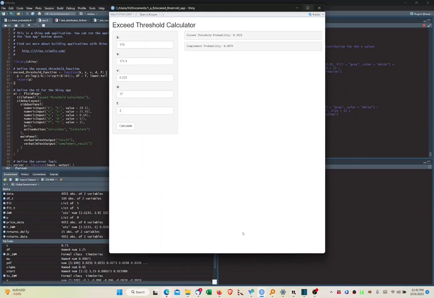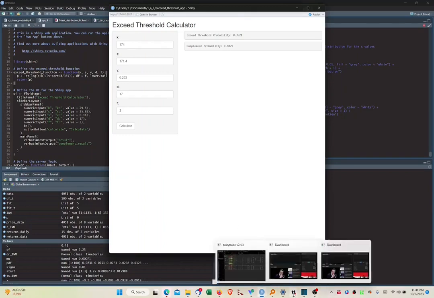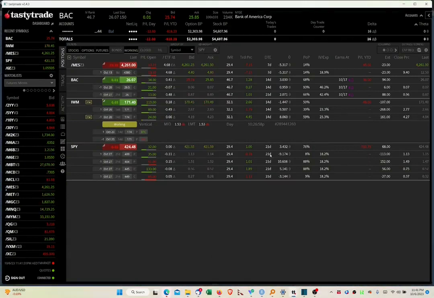And to show you how wrong it is, Tasty Trade's probability distribution gives it a 59% chance of it being in the money. Sold short, that is. There's not a chance in hell of it being 59% chance of being in the money. Not with 17 days to go, 14 days to go. It's already 3 points under. It's possible, but it's risky.